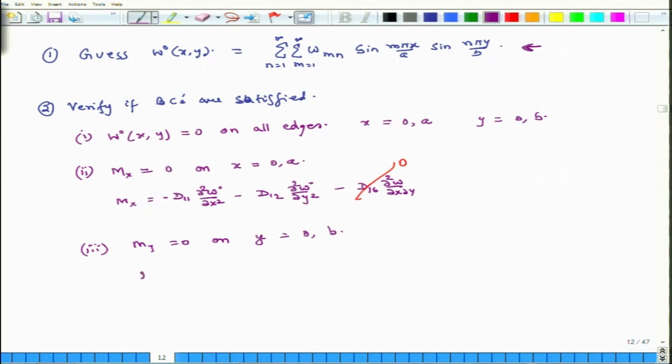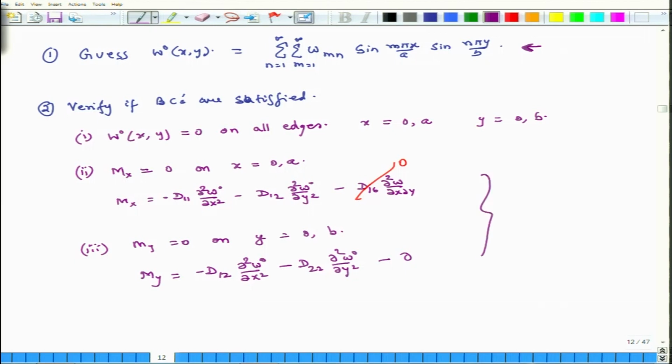What is the definition of My? My is equal to minus d12 del 2 w naught over del x square minus d22 del 2 w naught over del y square, and then my d26 term which is 0. Again, when we plug in the value of w from this form, we see that it satisfies.